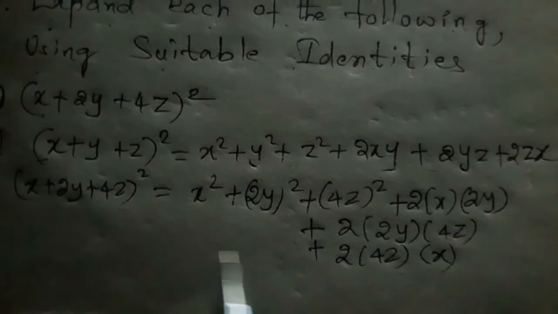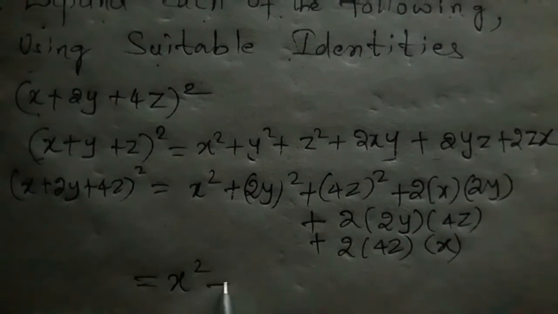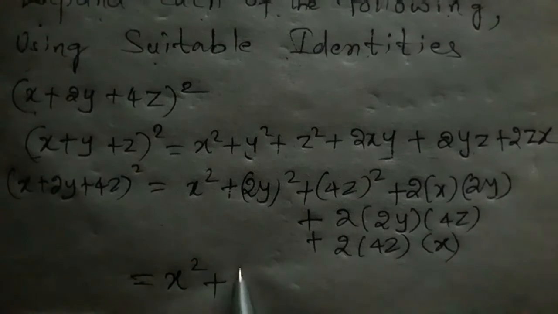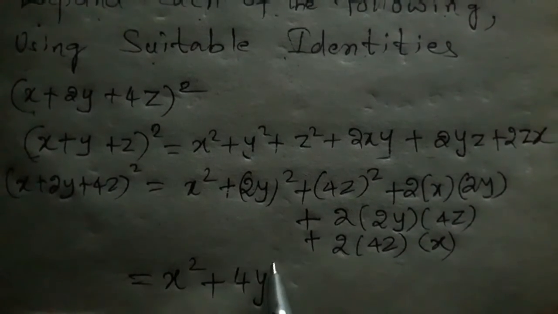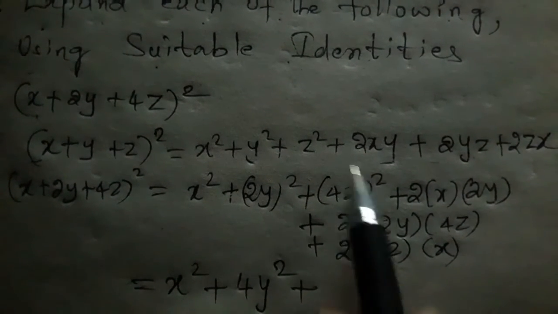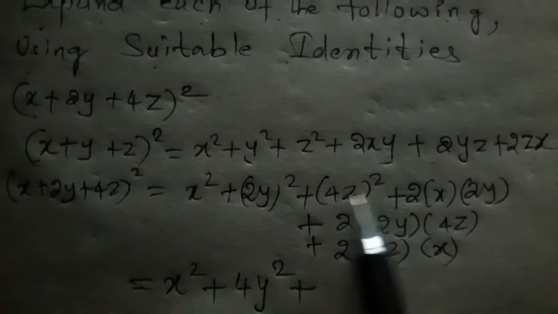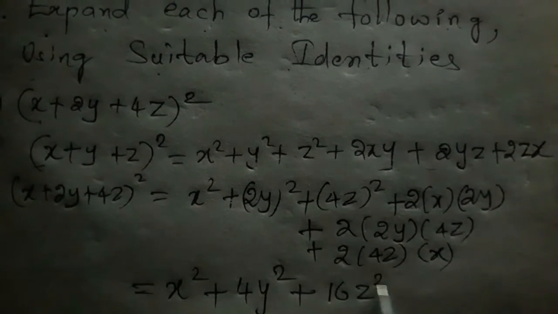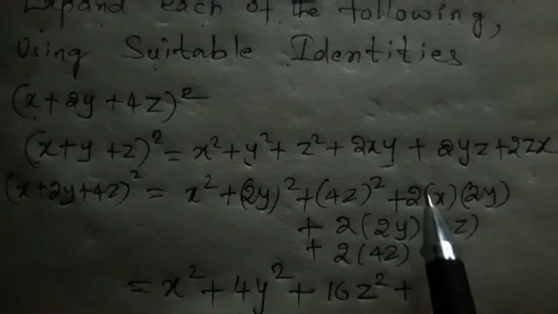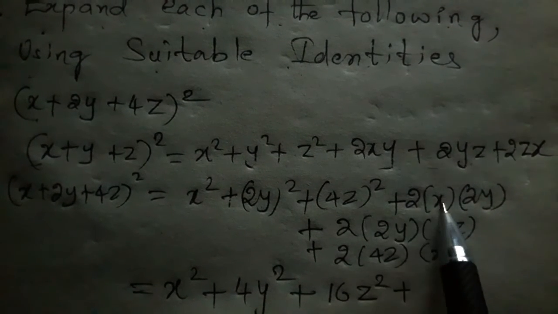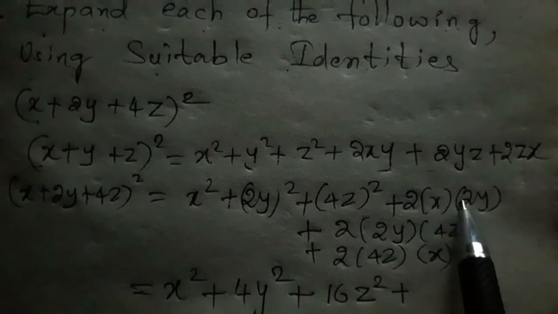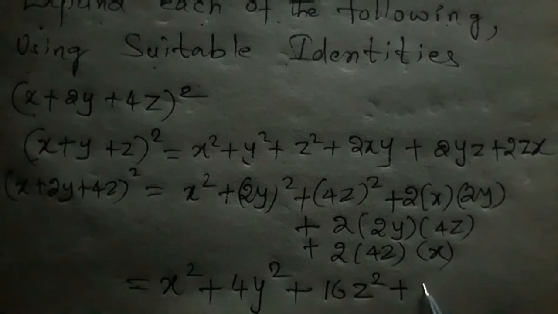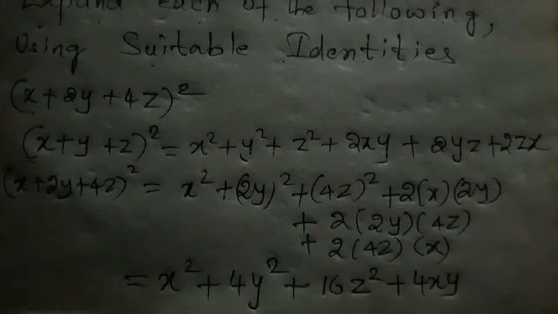Now the final answer is x square plus 2 square became 4y square, plus 4 multiplied by 4 is 16z square, plus 2 into x into 2y, that becomes 4xy.